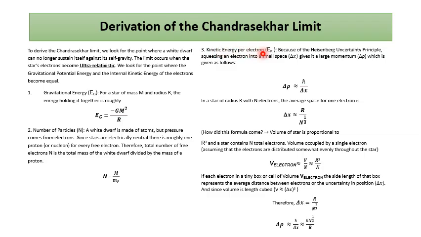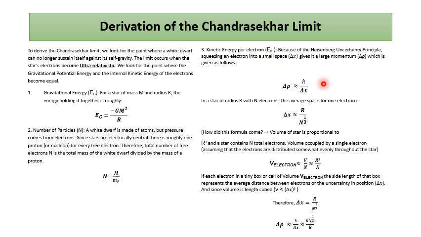Now the kinetic energy per electron, the kinetic energy that a single electron has. So we first have to discuss the Heisenberg uncertainty principle. What it states is that if you want to calculate the momentum of a subatomic particle through experiments, we will lose information about its position.